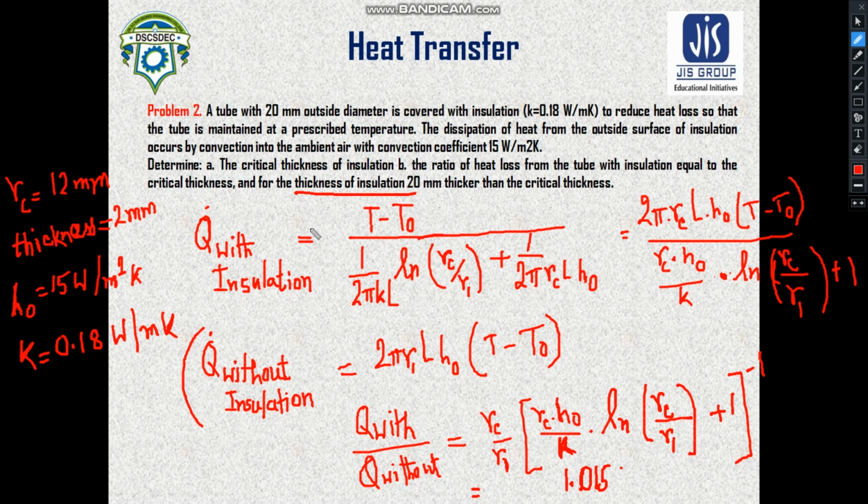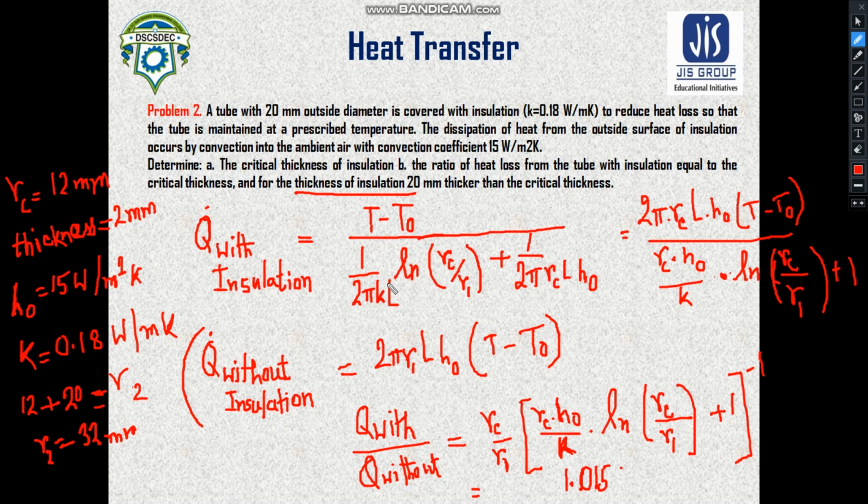Initially it was 12, then you add up 20 millimeter, so it would be 12 plus 20. Okay, so just writing here RC2. Sorry, this is not the critical radius of insulation, mind it, so I won't use the suffix here. So just writing R2 here, and R2 is 32 millimeter.